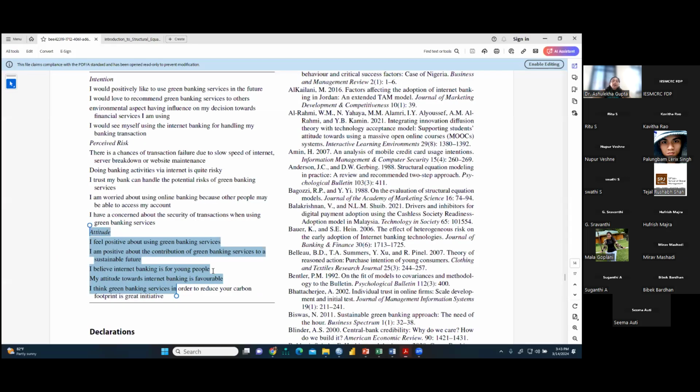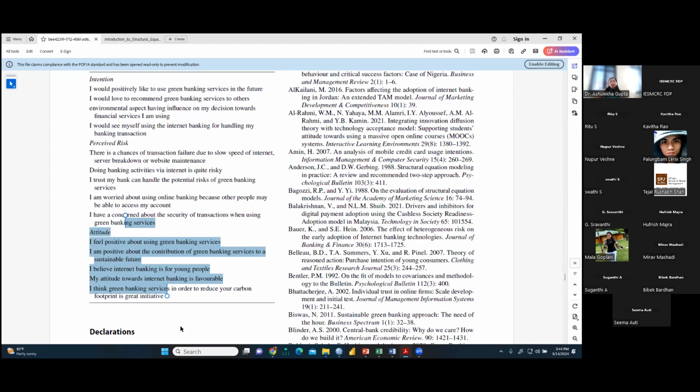I have taken attitude, you can see, which I am measuring. But if any question is similar, I mean, when I'm measuring attitude, these questions should not be similar to the others. If I put the same question under the heading perceived risk or intention, what will happen? My discriminant validity would not be good. It will not be correct.